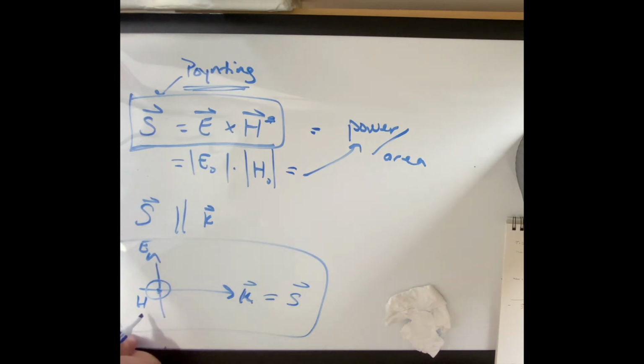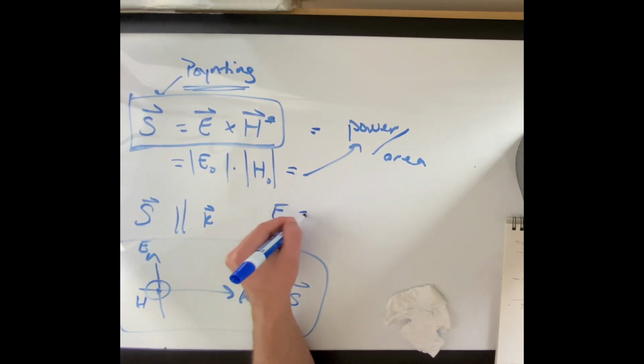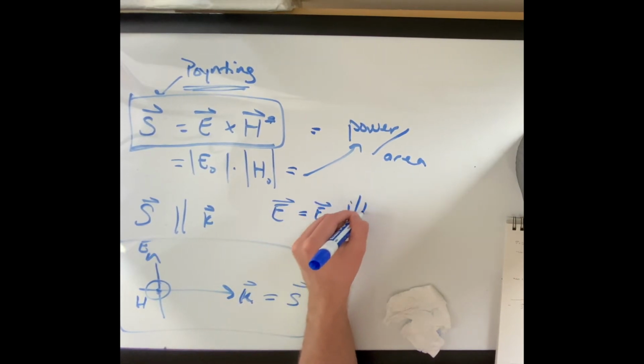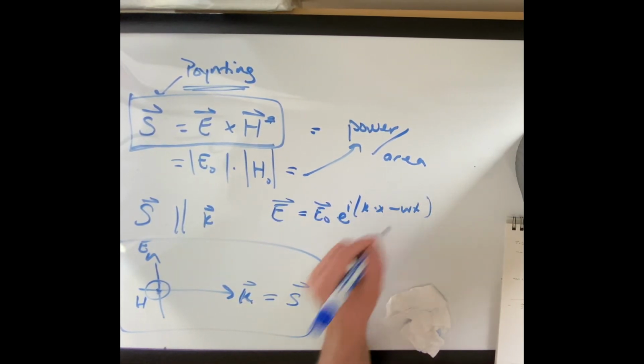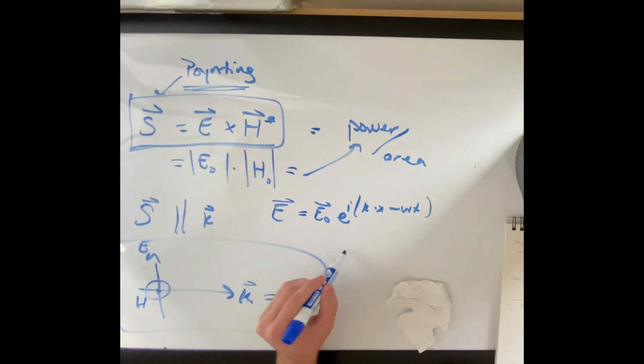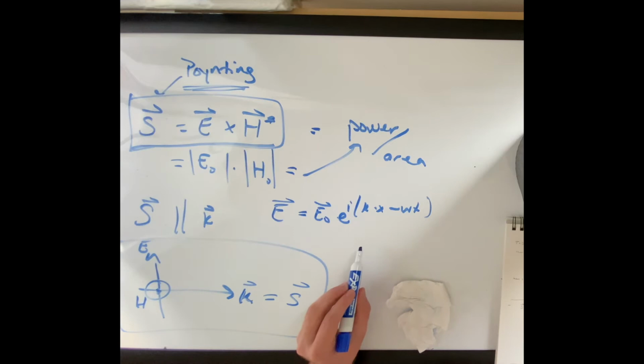Now, for basically every class you ever take about electromagnetic waves, you'll never write the H wave as an exponential. It totally is. So we can write E is E naught, which is a vector, times e to the i k dot x minus omega t, okay? This is E. We can also write H equals H naught e to the minus blah, blah, blah.